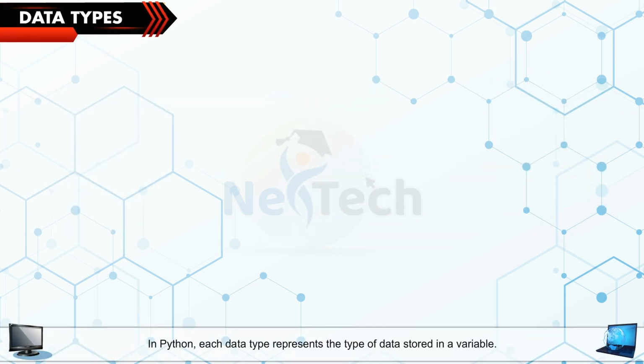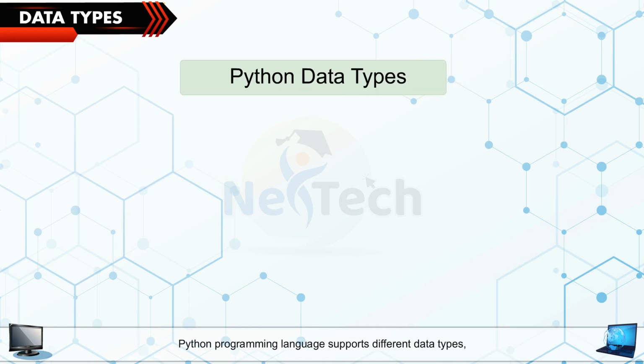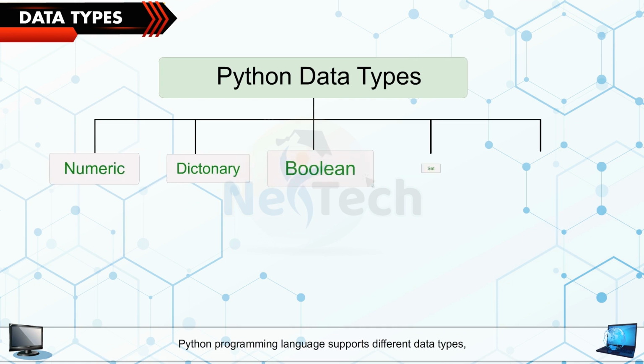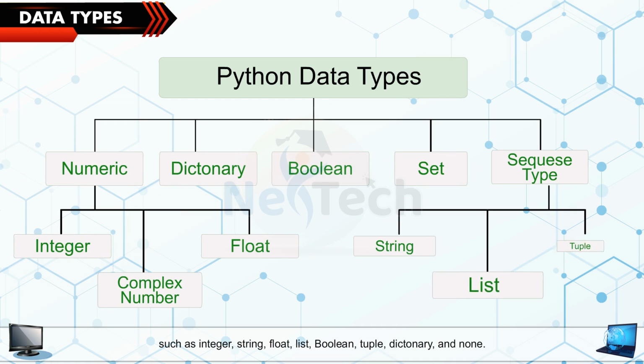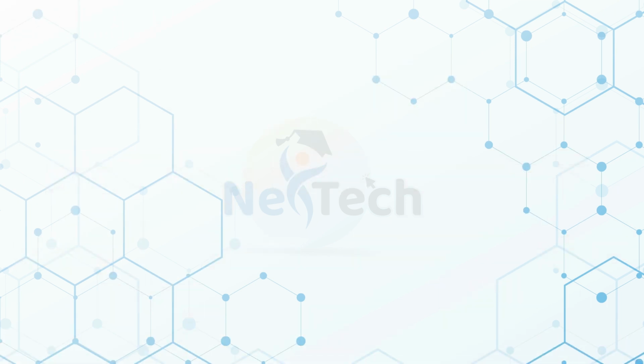Data types. In Python, each data type represents the type of data stored in a variable. Python supports different data types such as integer, string, float, list, boolean, tuple, dictionary, and none.